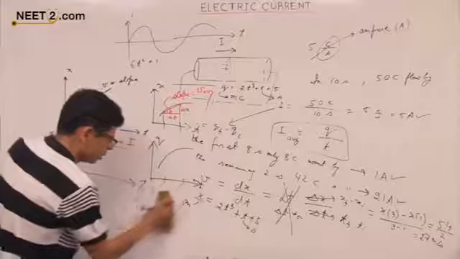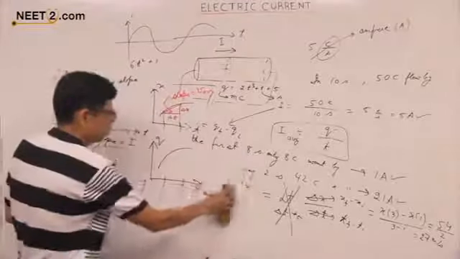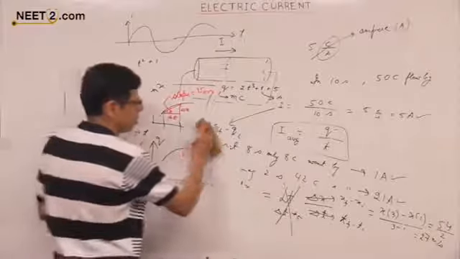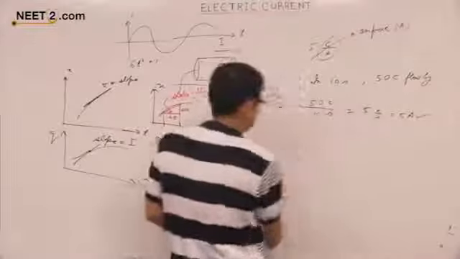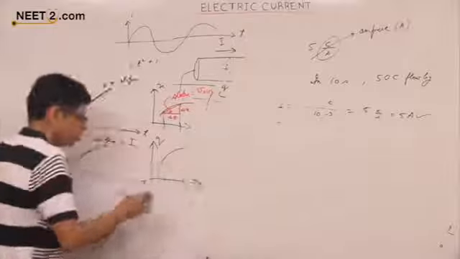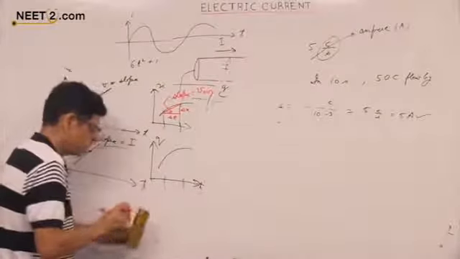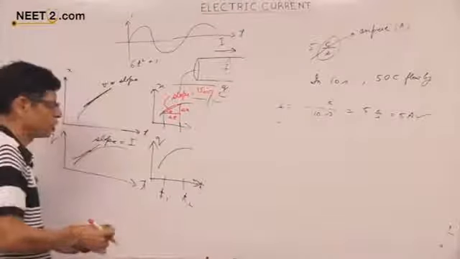What is old should go. So between this time t1 and t2, between instants t1 and t2, what is the average current?